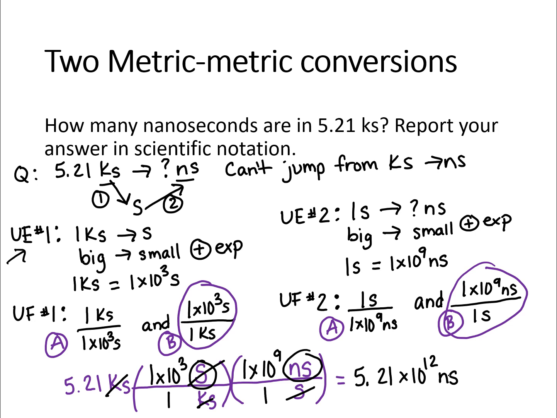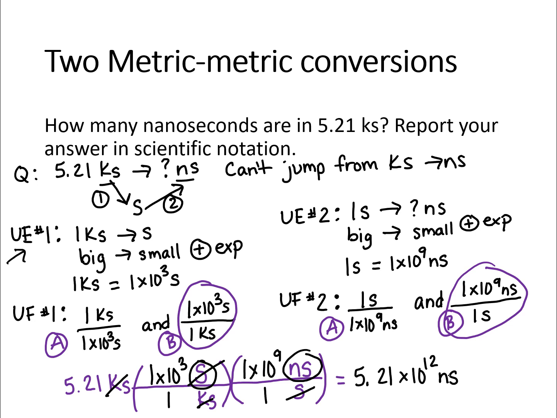So is it trying to figure out which ones you need to use? When you're figuring out which unit factor to use, what you're trying to do is cancel out one unit. In this case, we're starting with kiloseconds. And for the first one, we're trying to get rid of kiloseconds. So with math, you need to have one in the numerator, or the top number, and one in the bottom, the denominator.